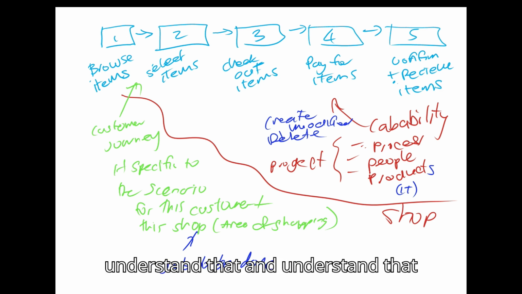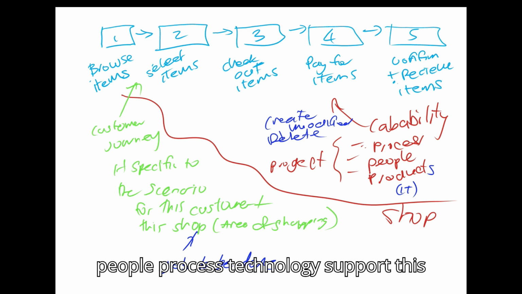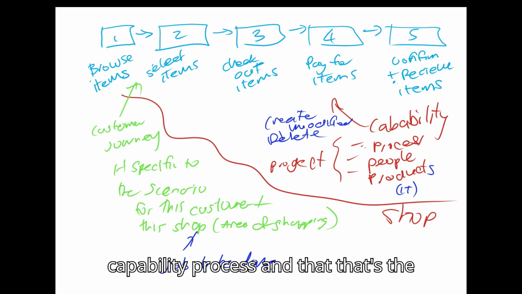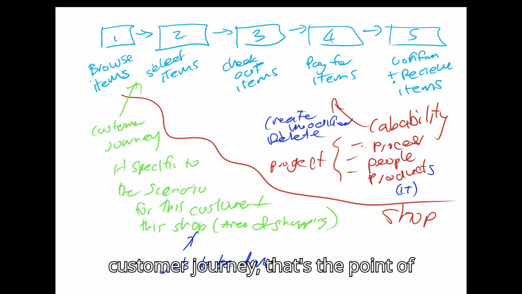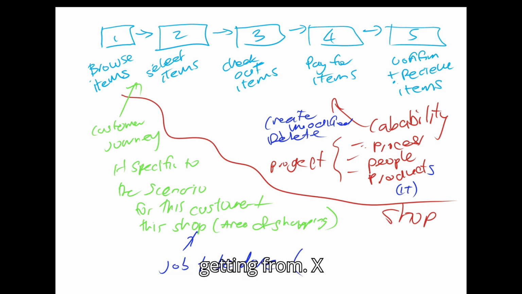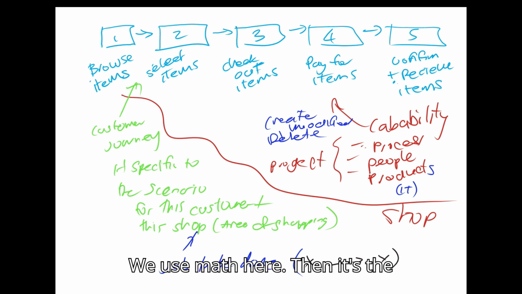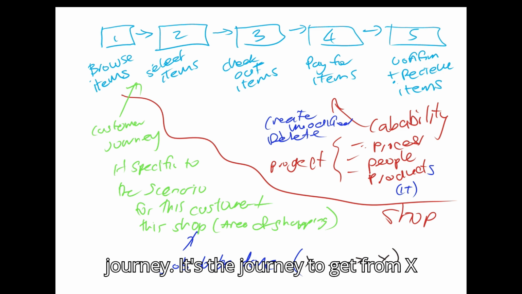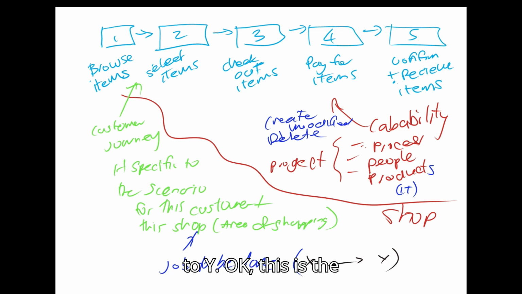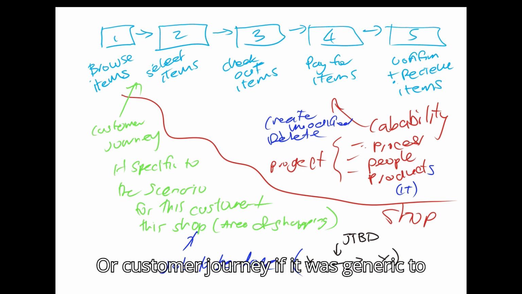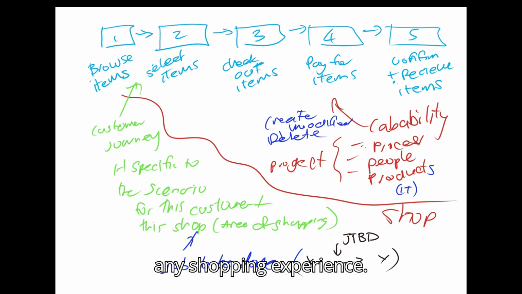And if you understand that people, process, technology support this capability process, and that's the customer journey, the point of getting from X to Y, which is what they want to achieve, we use math here, then it's the journey to get from X to Y. This is the job to be done, or customer journey if it was generic to any shopping experience.